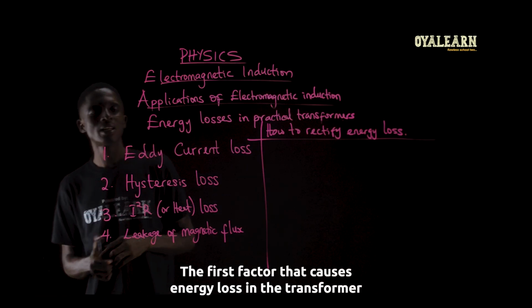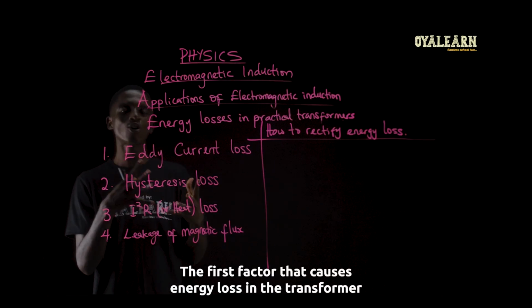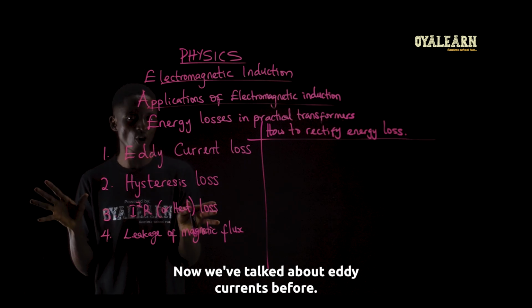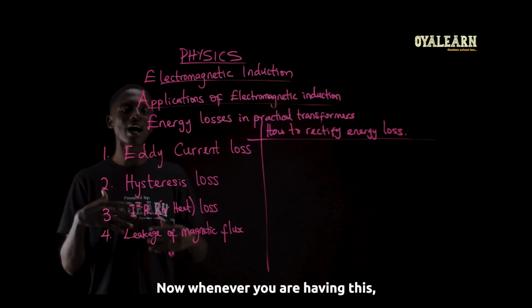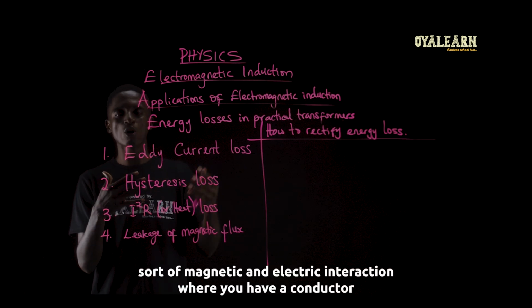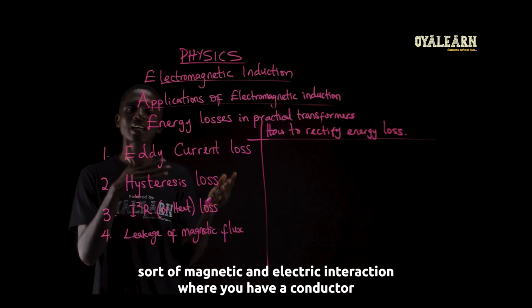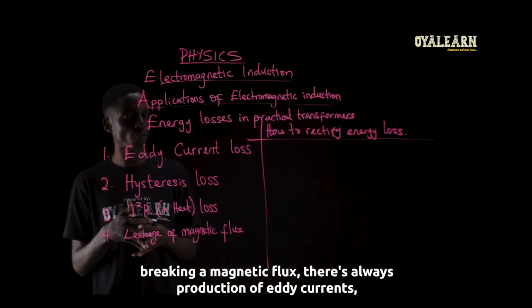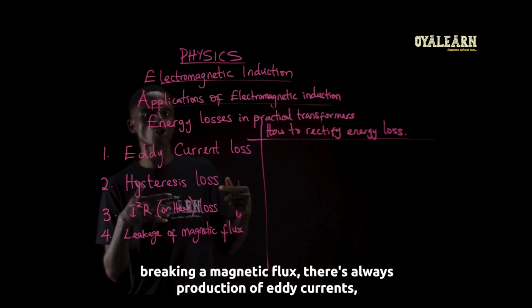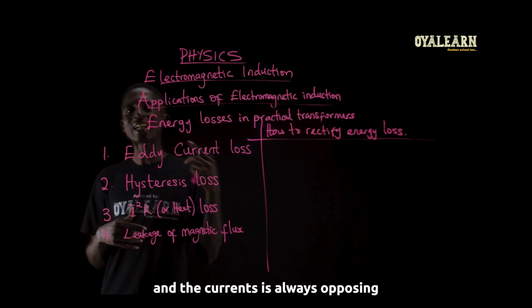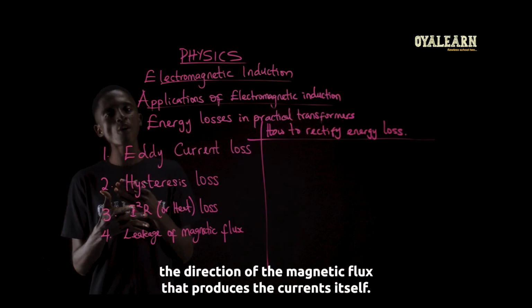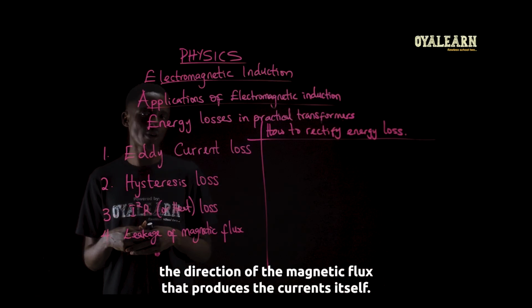Now, the first factor that causes energy loss in the transformer is known as the eddy current loss. We've talked about eddy currents before. Whenever you have this sort of magnetic and electrical interaction, when you have a conductor breaking a magnetic flux, there's always production of eddy current. And the eddy current always opposes the direction of the magnetic flux that produces the current itself.